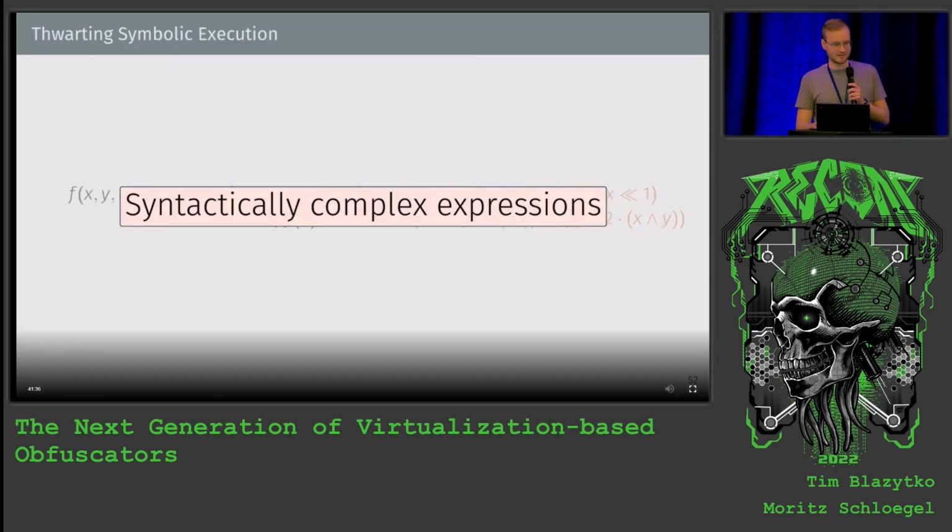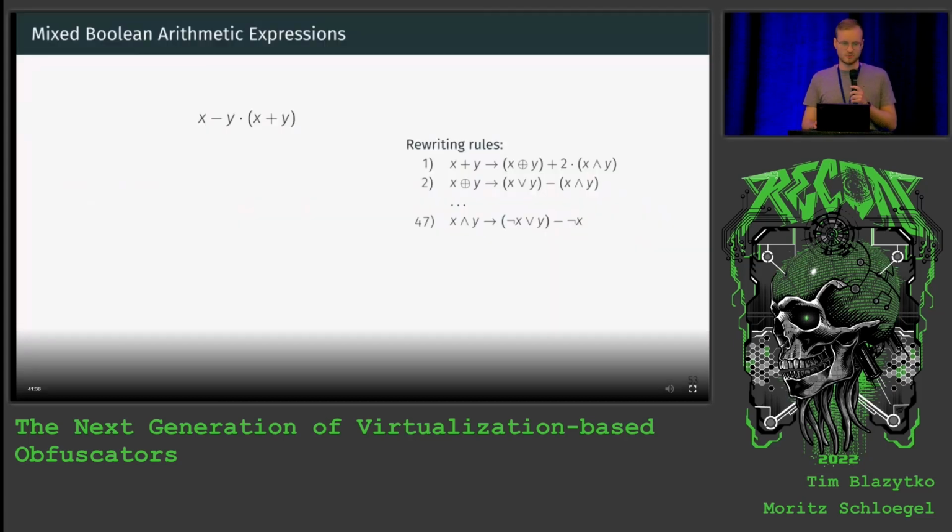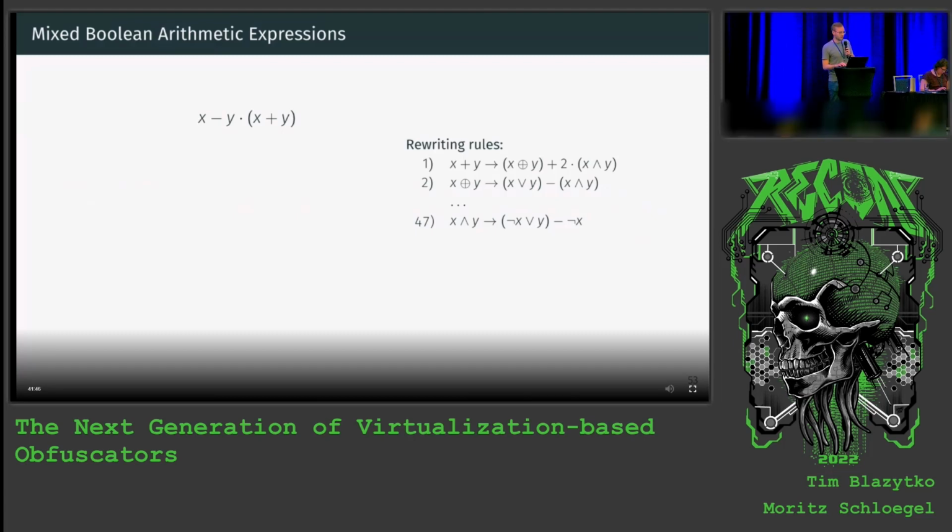These syntactically complex expressions are usually created using so-called mixed Boolean arithmetic, or MBA for short. So let me show how that works. We do have the instruction semantics on the left side, and we, for example, pick a small sub-expression here, which we want to use the MBA on. And on the right side of the slide, you do see the rewriting rules.